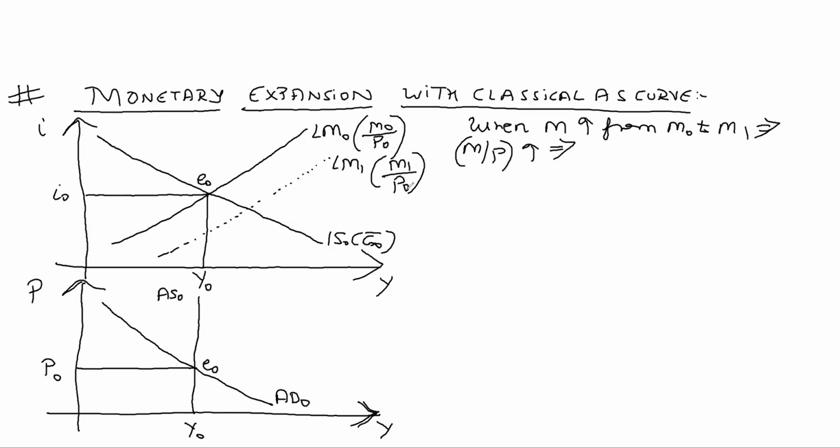Now guys, the whole monetary policy change will happen. I'm not going into the depth of it. You can look onto it from the ISLM lectures. The whole monetary policy change which we have done in the ISLM lectures will happen. Ultimately, the economy will move from point E0 to point E1.